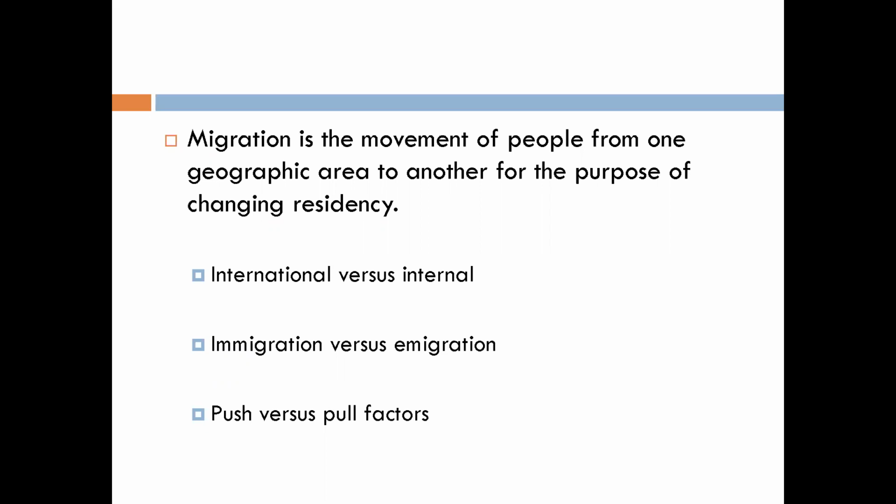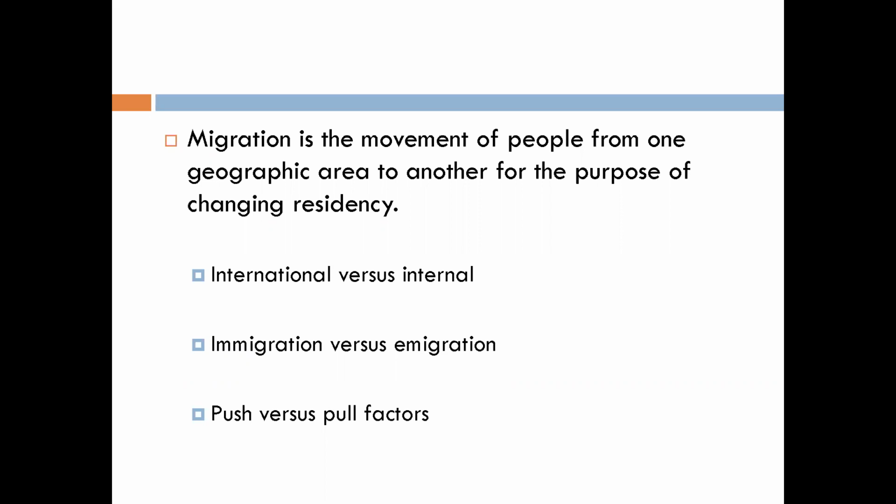Two, geographical area. Other types of movement are not this meaning of migration. And third, the purpose, the meaning of this movement is very important for offering an operational definition of migration. It is residency. You want to have a permanent residency, at least in the target country.